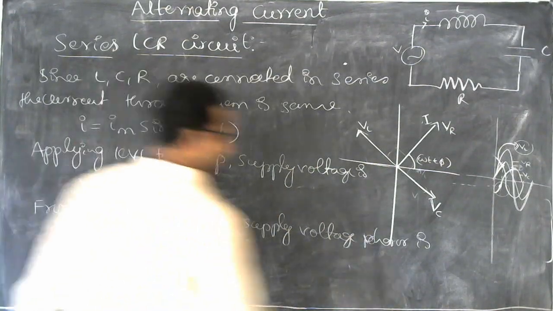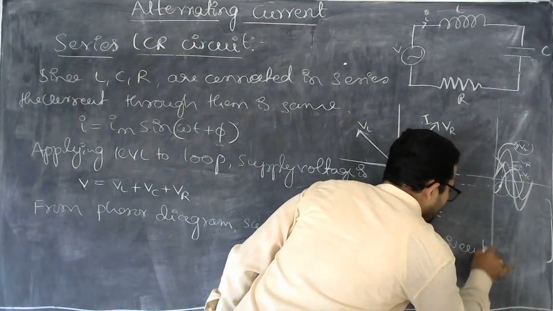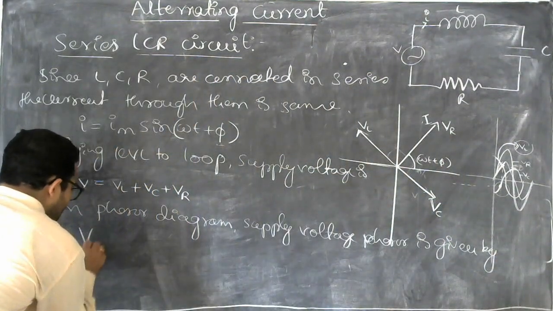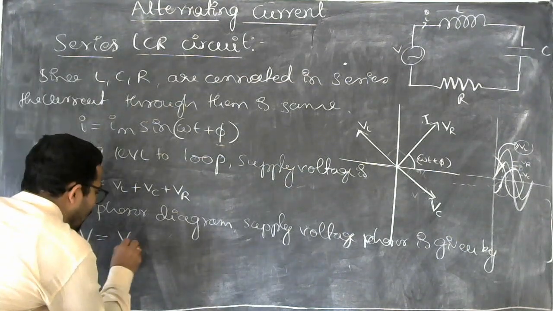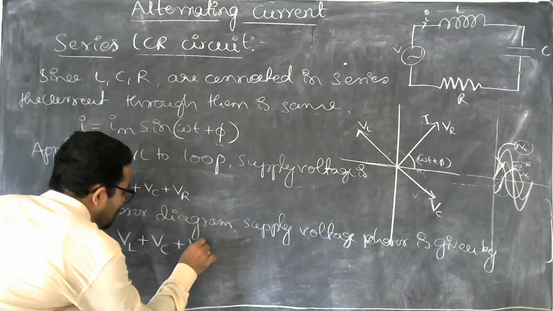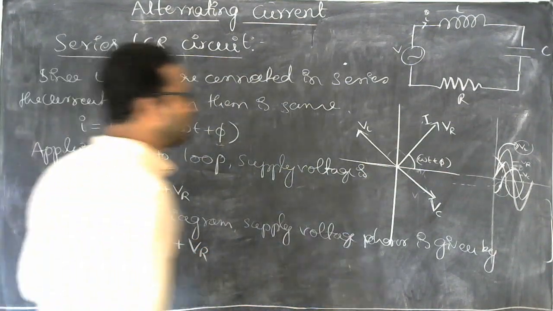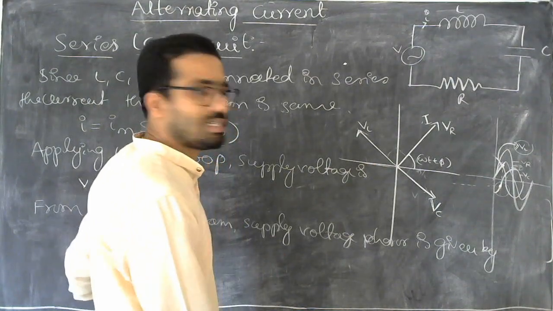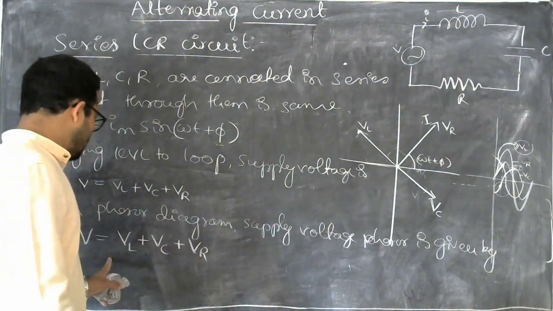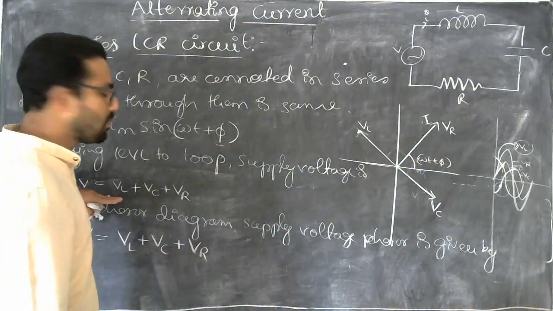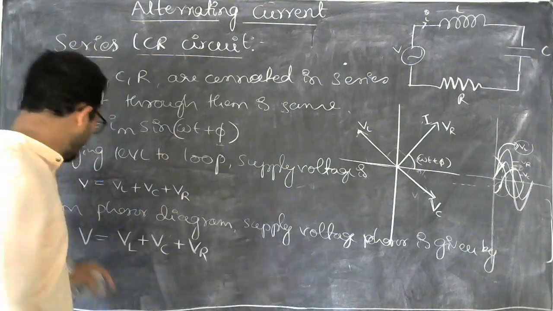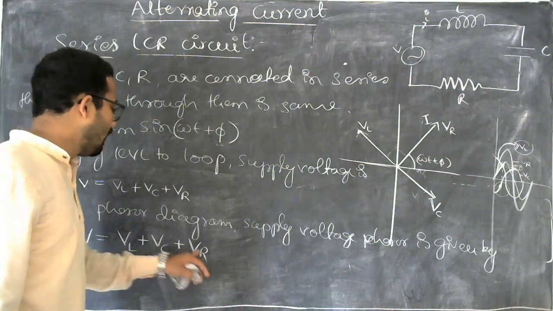The supply voltage, capital V, is equal to capital VL plus capital VC plus capital VR. So these are the three voltage phasors: VL, VC, and VR. If you combine these, you should get V, which is similar to the equation we obtained with the help of KVL.